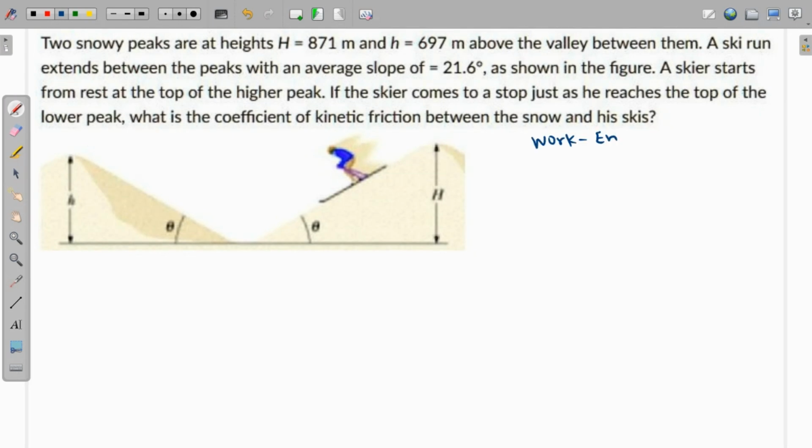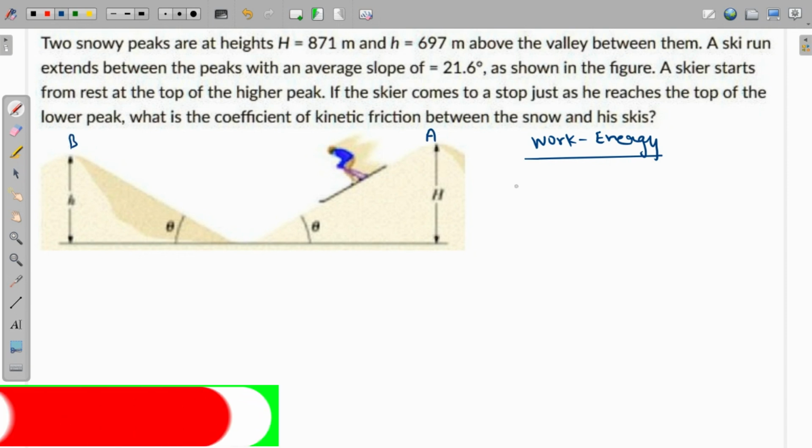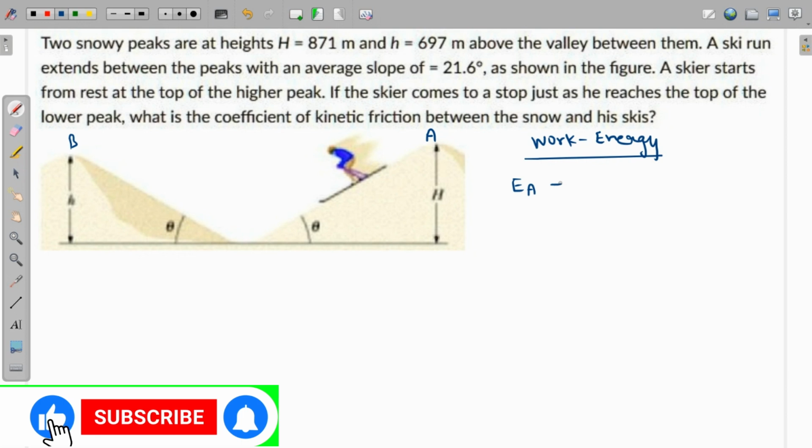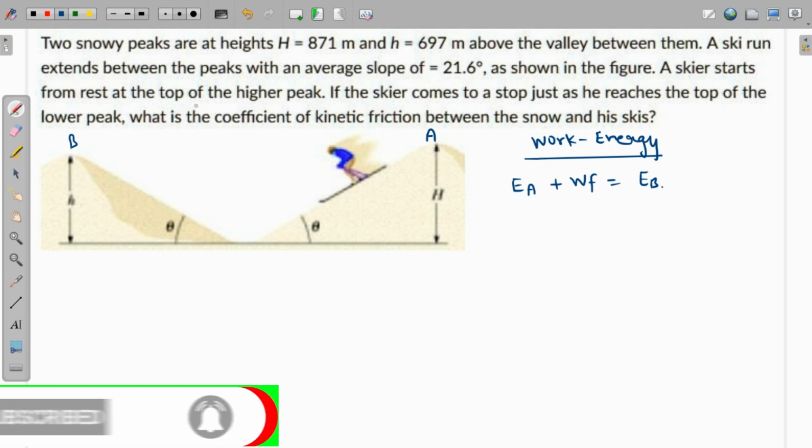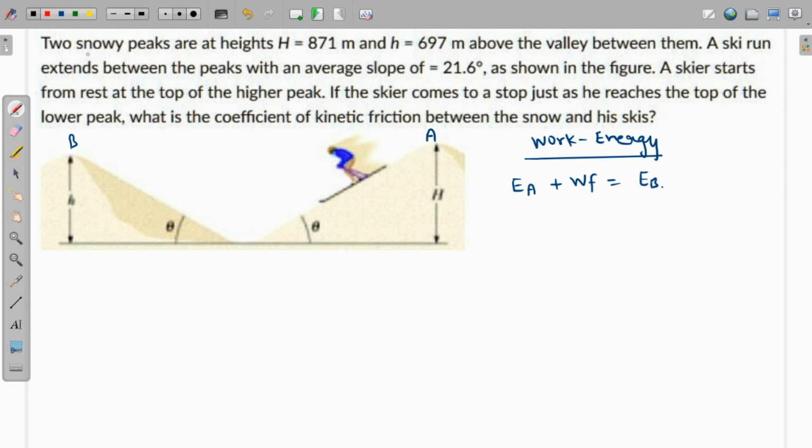Work energy theorem, which means that the energy at A and the energy at B. So we're going to say that energy at A plus work done by the friction will be energy at B. For the work done by the friction, we've got to find out the total displacement, right? For that we're going to use sine.